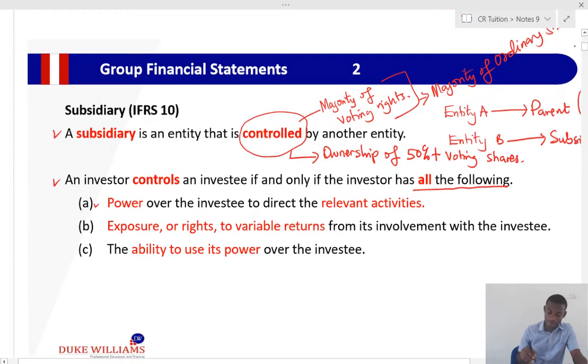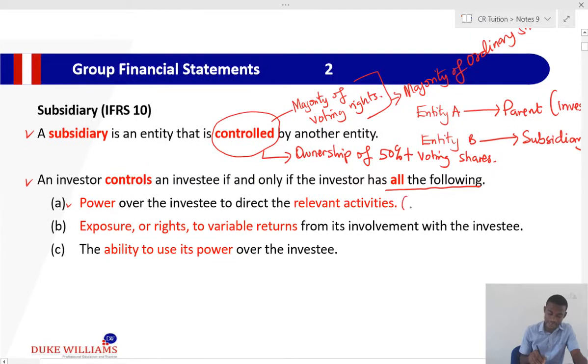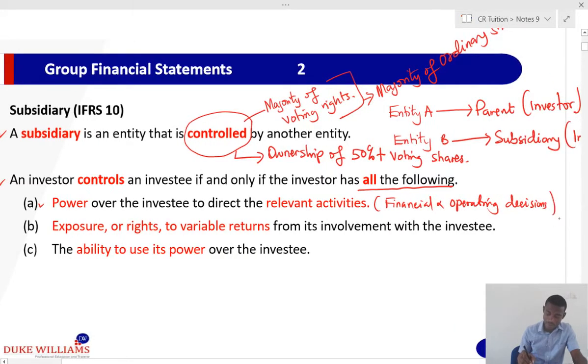And often, if we say relevant activities, we are referring to the financial and operating decisions. One can say policies, but we are referring to the financial and operating decisions.